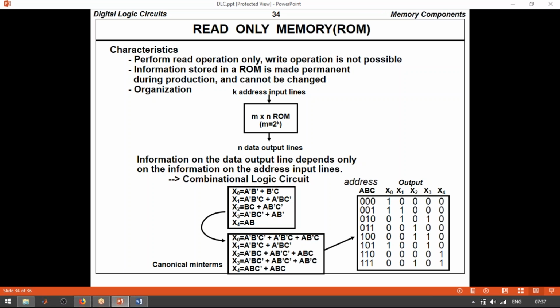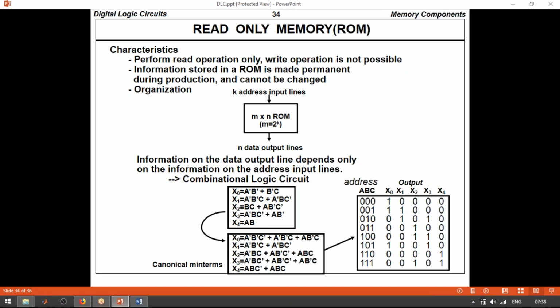So it's 8-bit wide data, and there are 32 memory allocations.